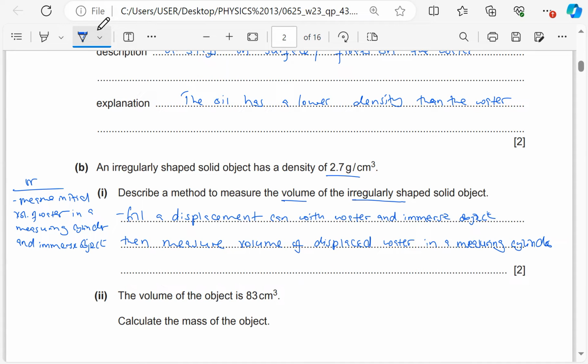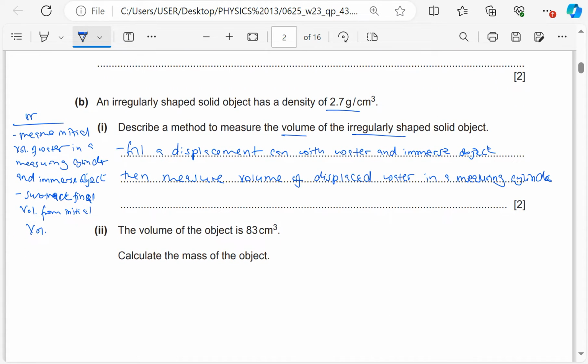Then the next thing is to subtract the final volume from the initial volume. That is the second method.